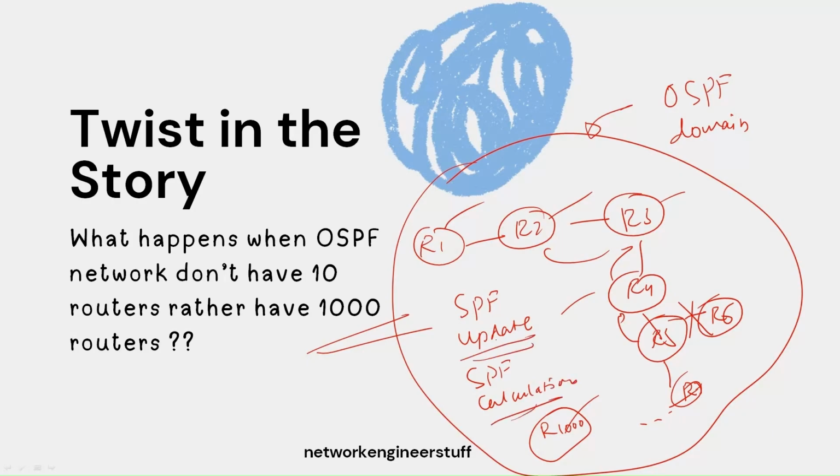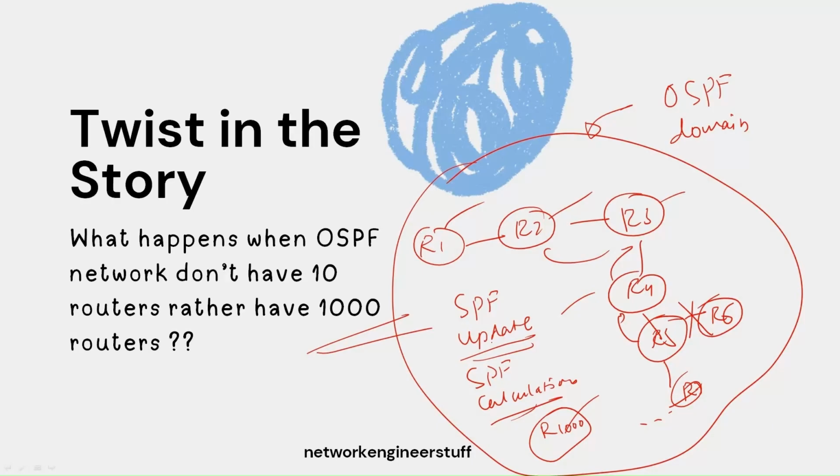Right now, because this network is huge, we have 1000 routers. Each router will be handling hundreds or thousands of routes, right? So in such a big network, things are always changing. There's always some topology change.